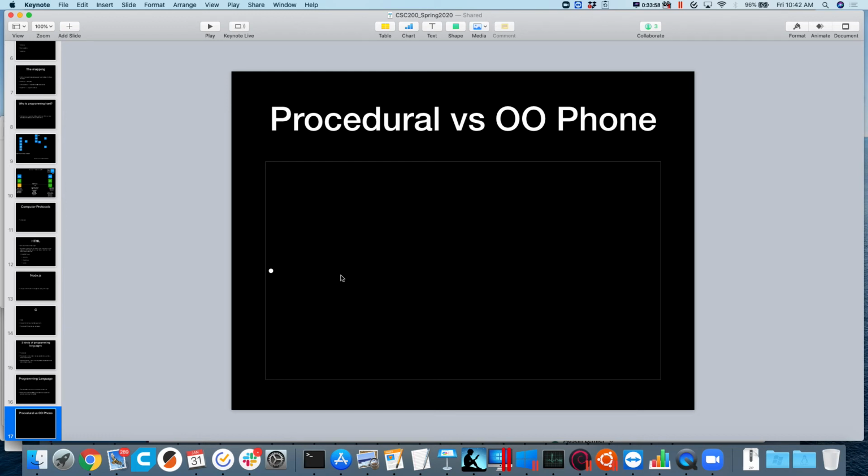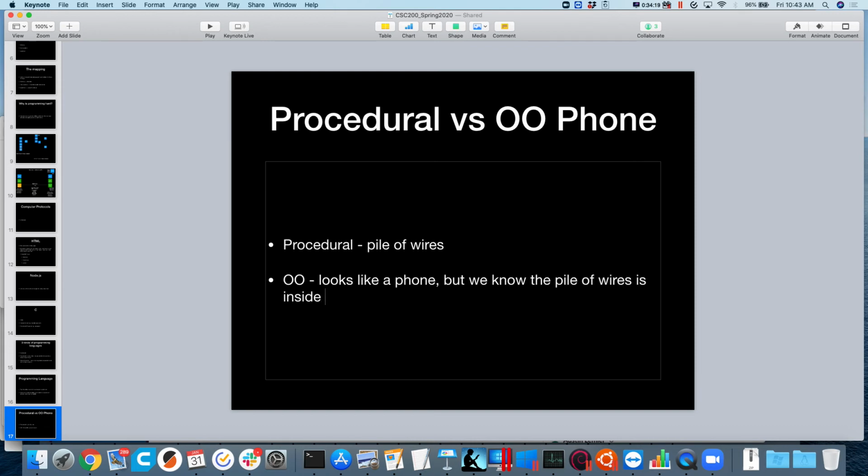That make sense? It's how human beings solve problems already. It's an organizational tool. All right. Procedural is pile of wires. Object-oriented looks like a phone, but we know the pile of wires is inside somewhere.